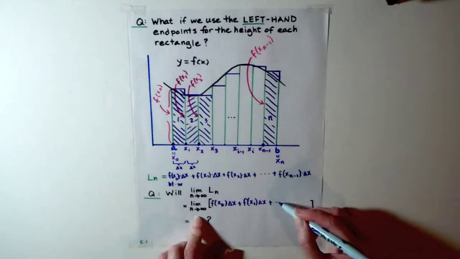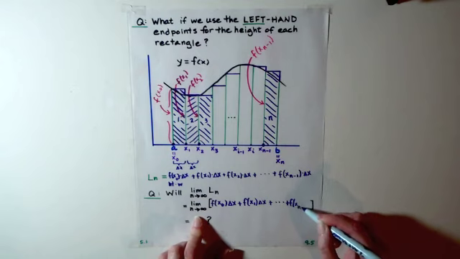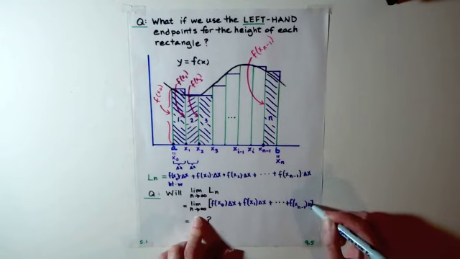I won't write that third term, plus f of x sub n minus 1 times delta x.